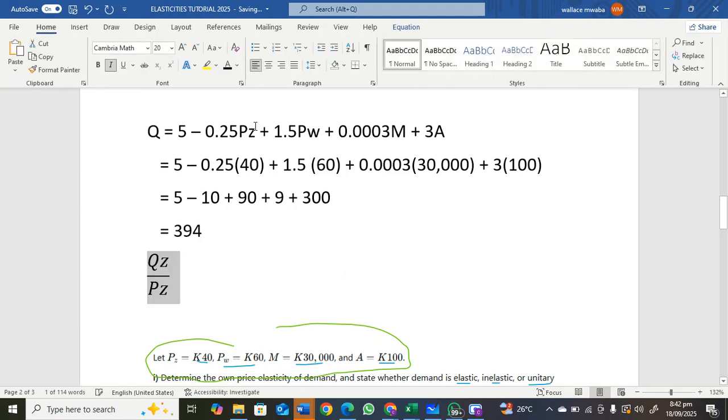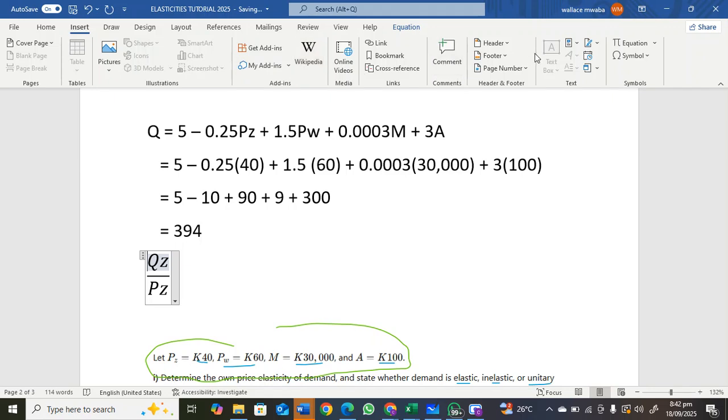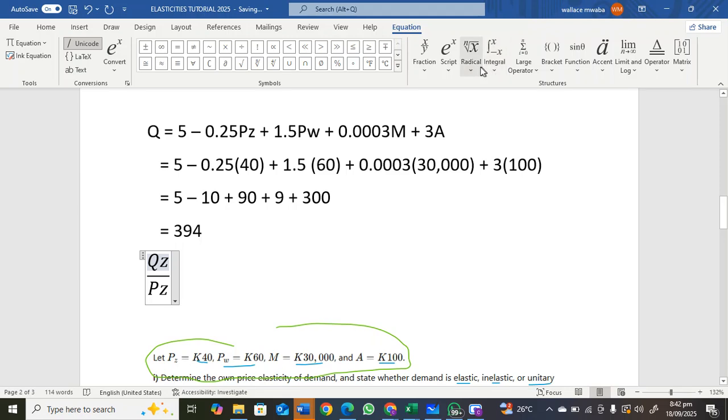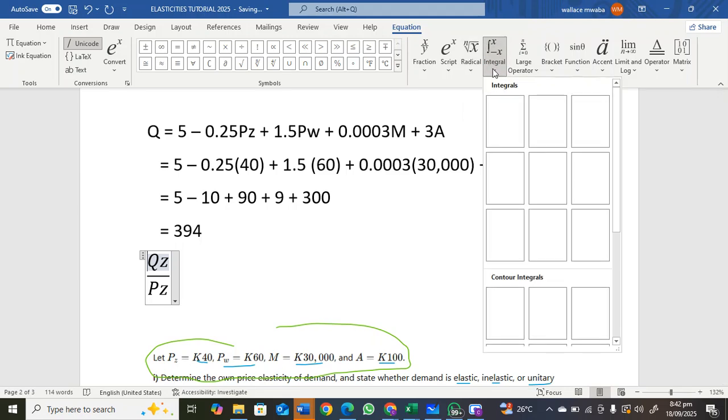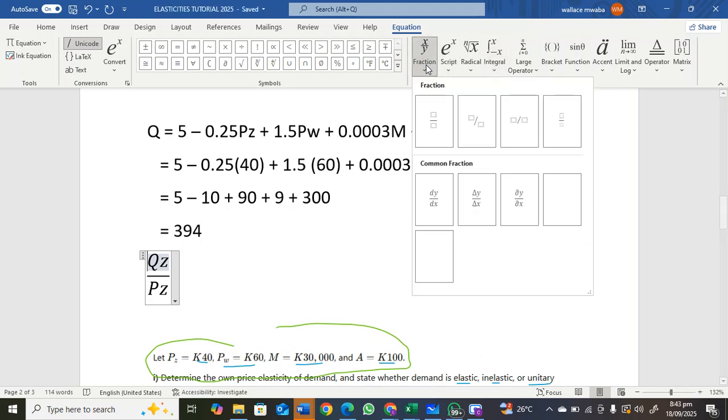Okay. Let me just put this properly here. Symbol, partial derivative symbol, where is that? Oh yeah, here it is.